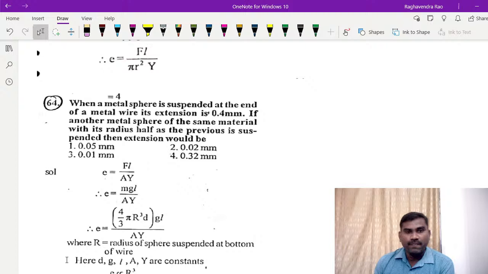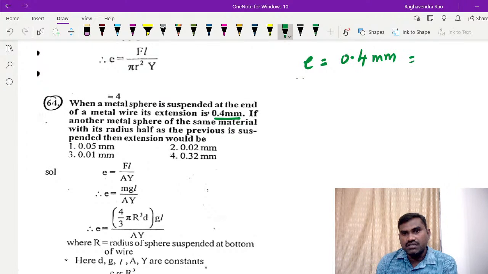Now you see, when a metal sphere is suspended at the end of a material wire, its extension is 0.4 mm. This is 0.4 into 10 power of minus 3 meter.